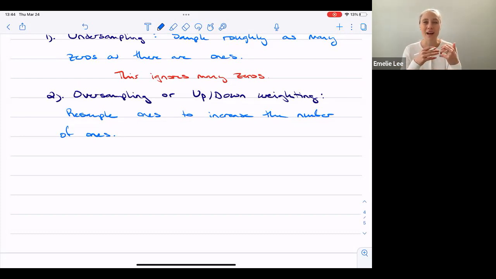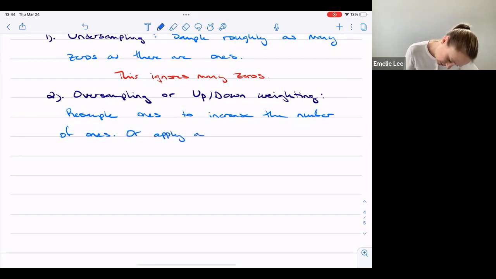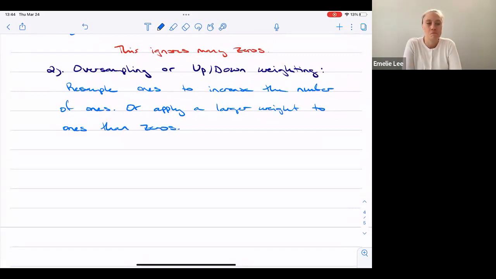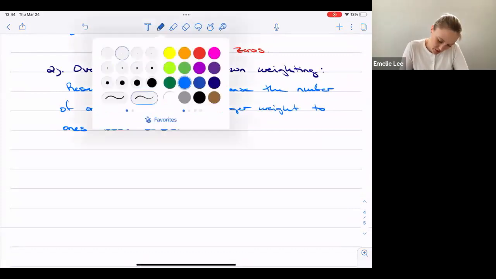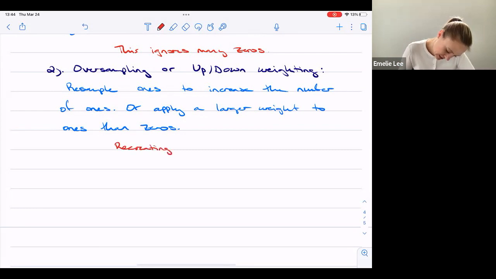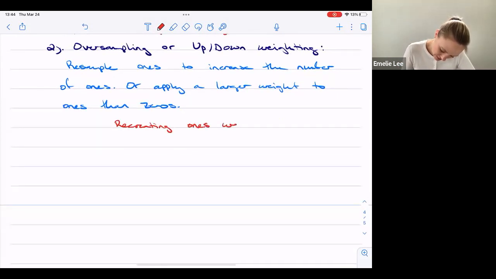And so you can apply a larger weight to ones than zeros. Here the problem is that we're just recreating ones we already have.